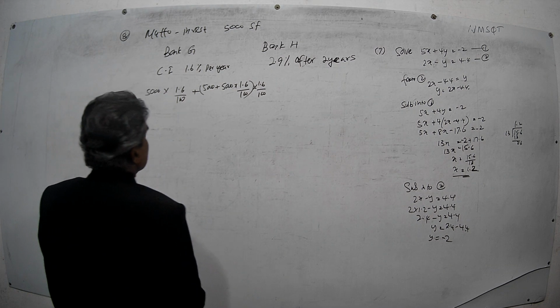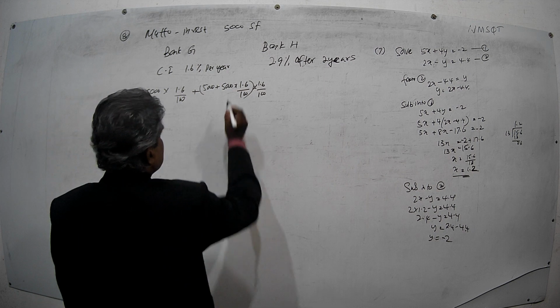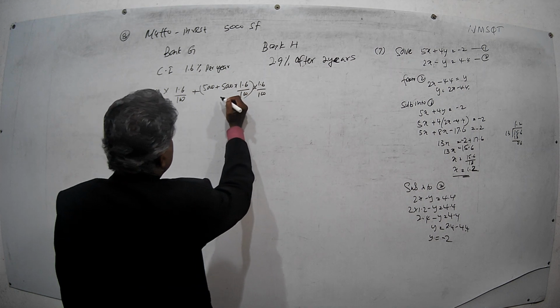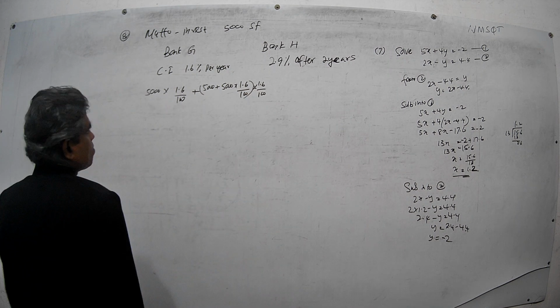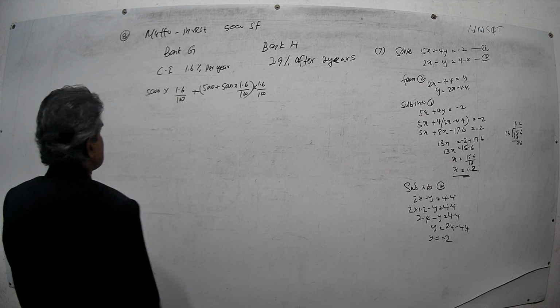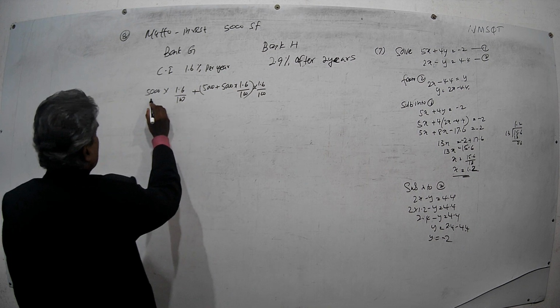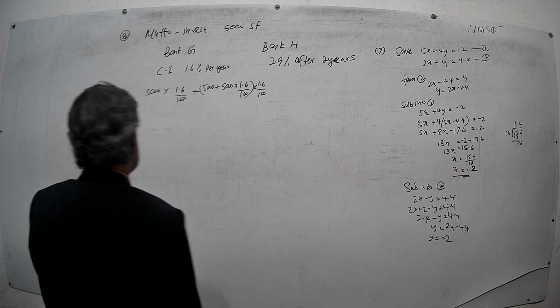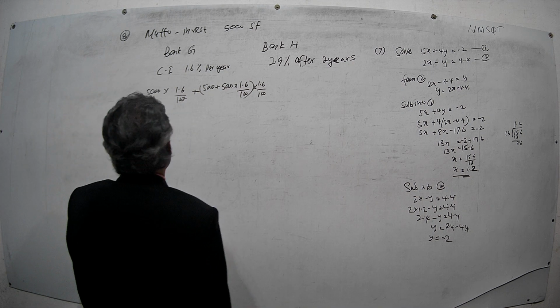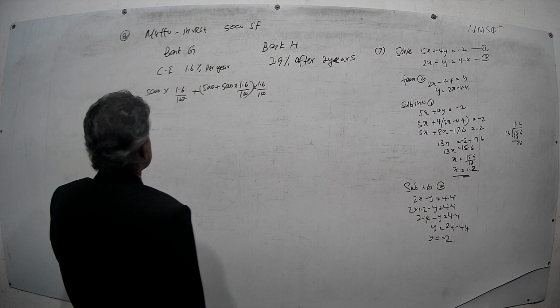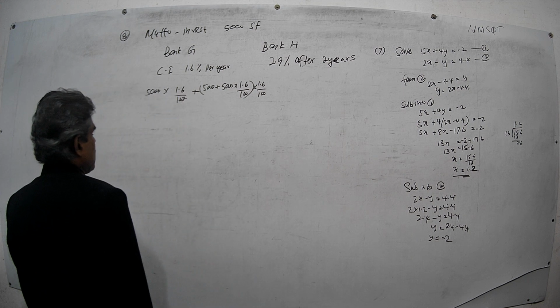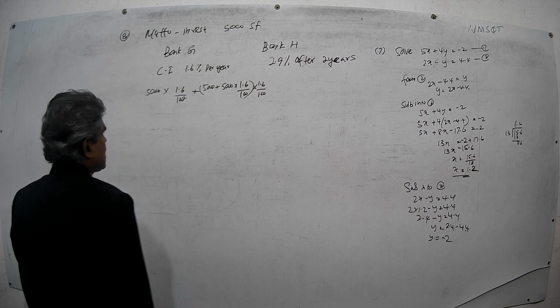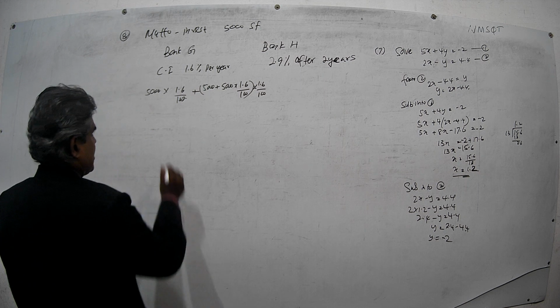Then we will calculate that. Here we get 100, then 50 multiplied by 1.6. 5 times 6 is 30, 5 times 1 is 5, plus 3 is 80. Here the interest is 80.